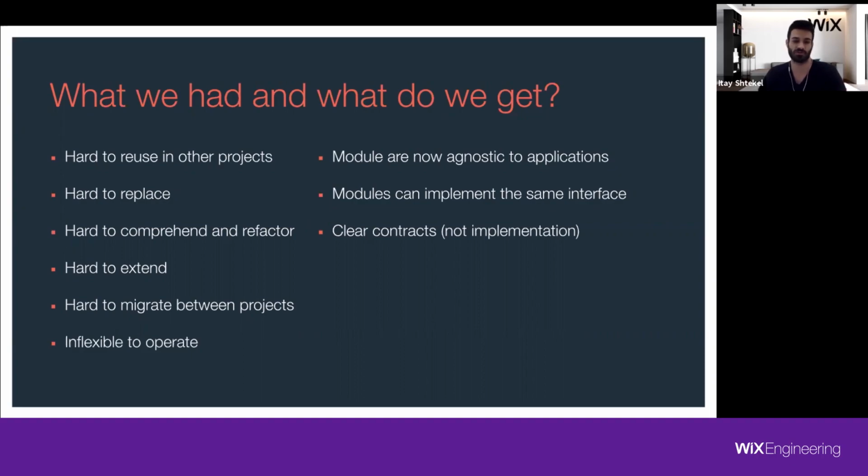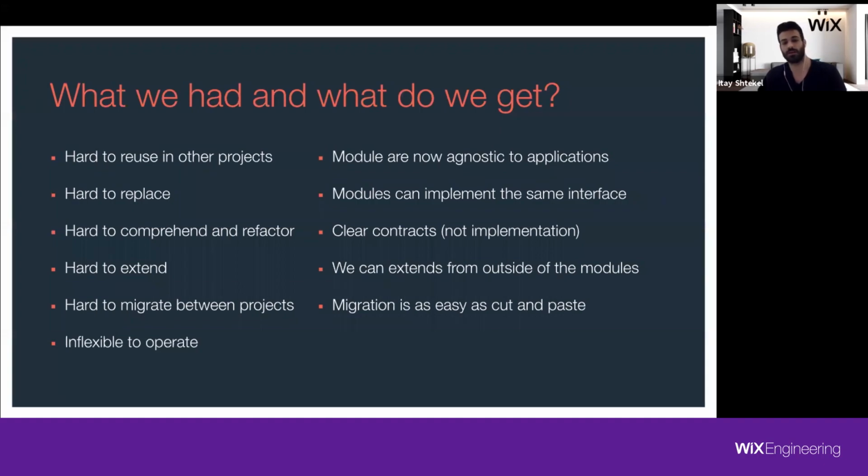The integration points are really clear. It becomes really easy to extend because all the extension comes from the outside of the module. And it's really easy to migrate modules between projects. It's literally as easy as cut and paste them in a different project. And the deployment becomes really agnostic to what modules we have because it's completely agnostic.